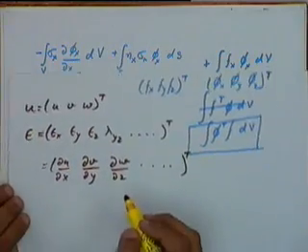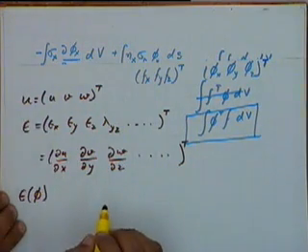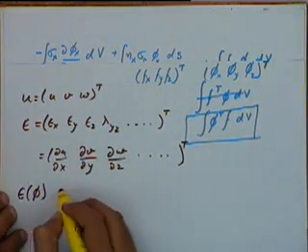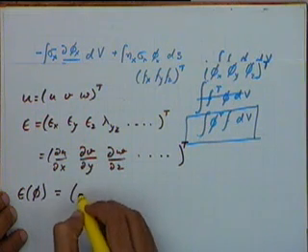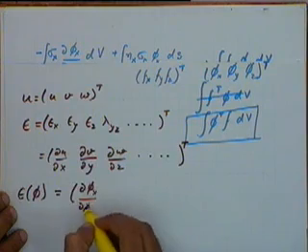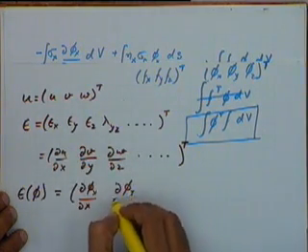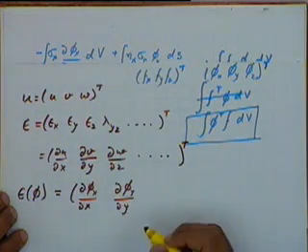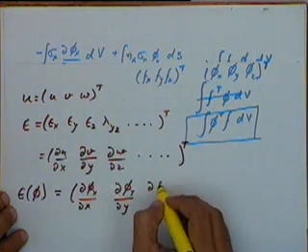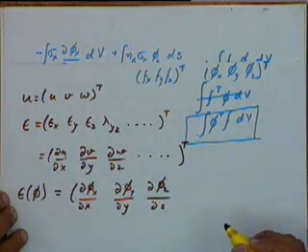Okay, so if I write an expression for epsilon of phi, this would be equal to del phi x by del x, the epsilon y term will become del phi y by del y, the epsilon z term will be del phi z by del z.